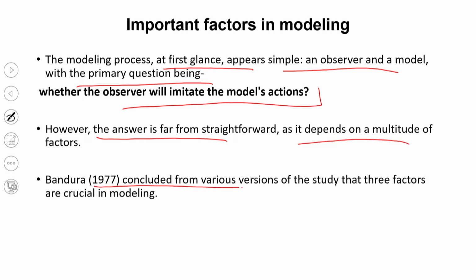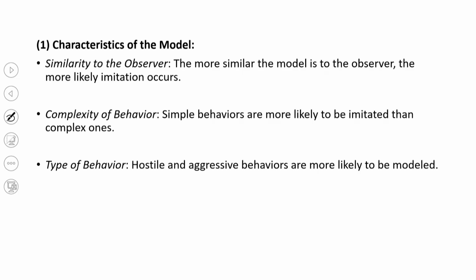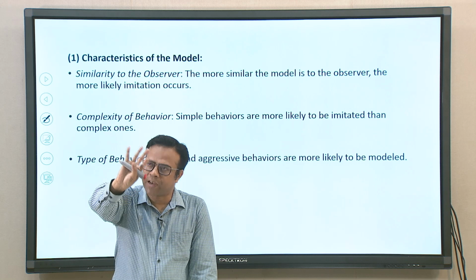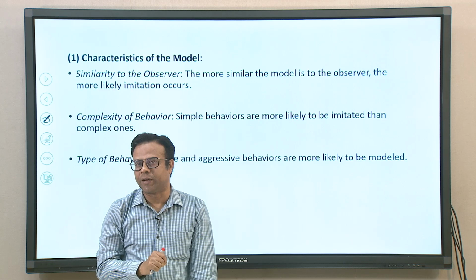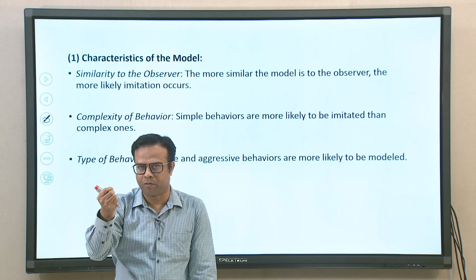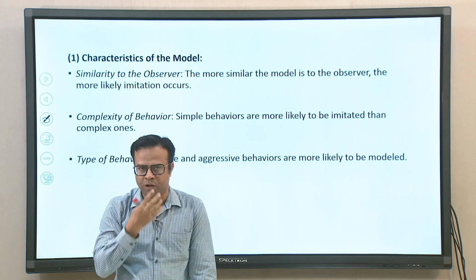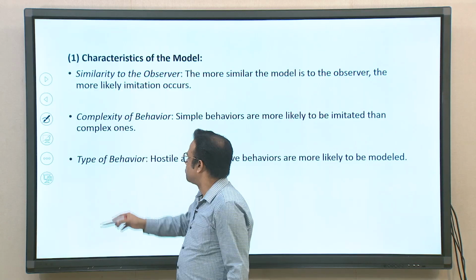Bandura concluded from various versions of the study that there are three important factors crucial for observational learning or modeling. What are those factors? One is the characteristics of the model, whom you are imitating. The characteristics of that person will determine whether you will mimic or learn from that person or not. So, one is similarity to the observer.